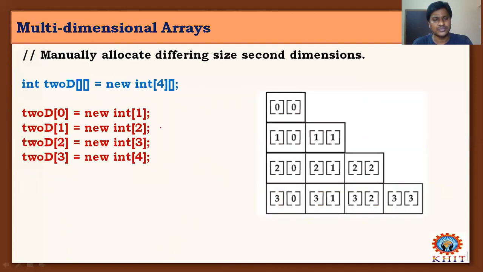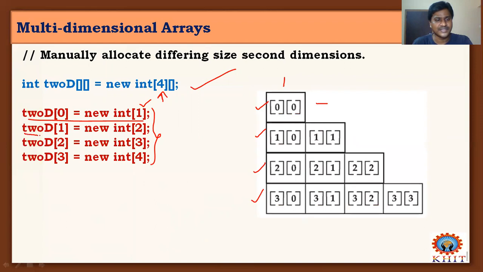And you can give individual, separate sizes for columns; that is also allowed here. The example is this one. I gave the rows as 4, so one row, second row, third row and fourth row. But for the column size, I'm specifying the first 1D array with size 1, which means it has only one column and there is no second column for this one.